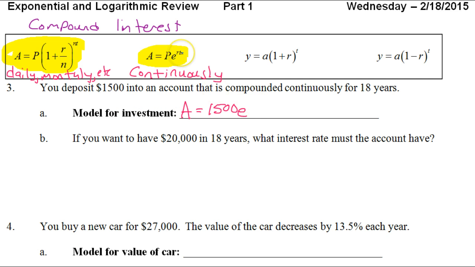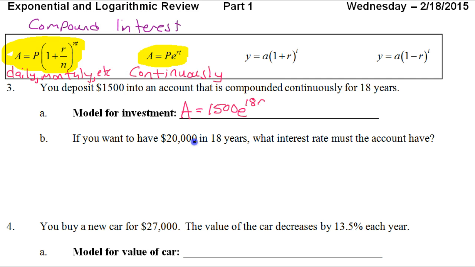But we do know the time, the t, is 18 years. So I'm just going to put 18r. So this would be the model for this investment as a function of rate, the only thing we don't know. So if you want to have $20,000 in 18 years, what interest rate must the account have?